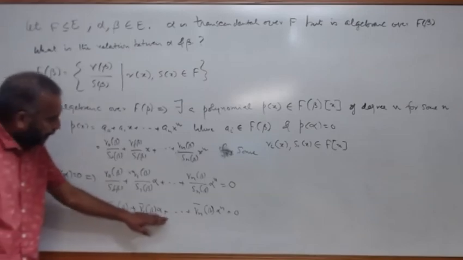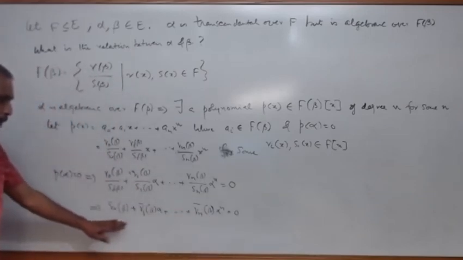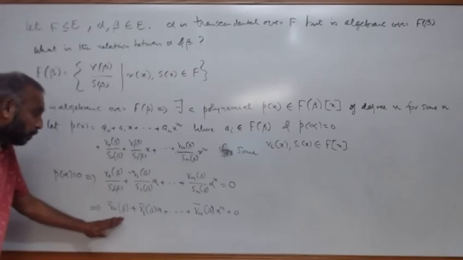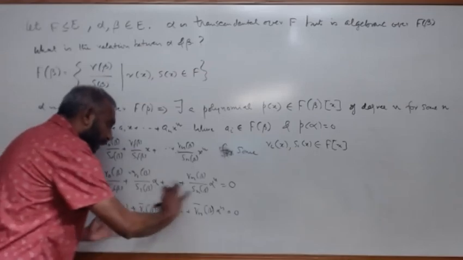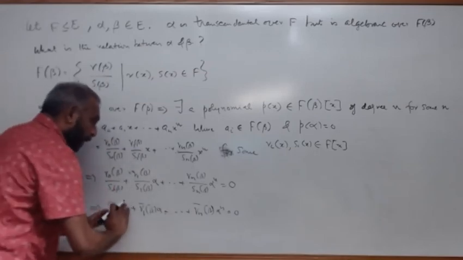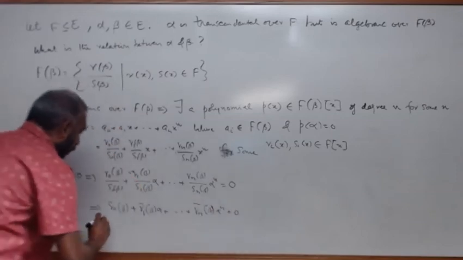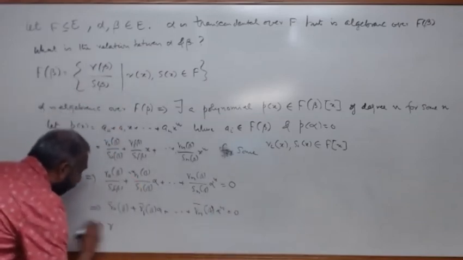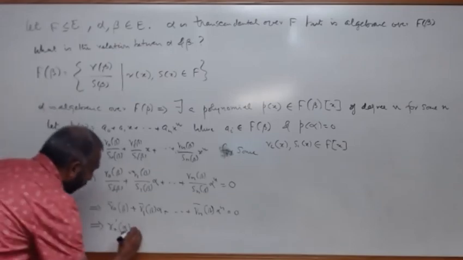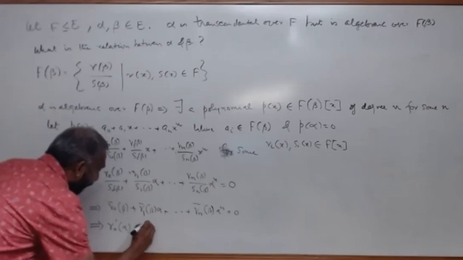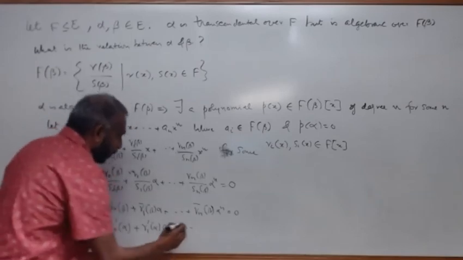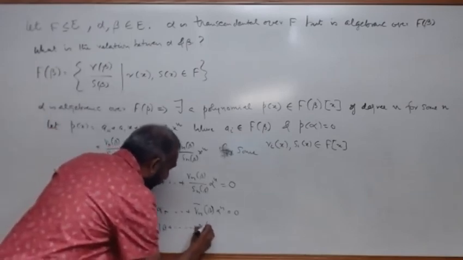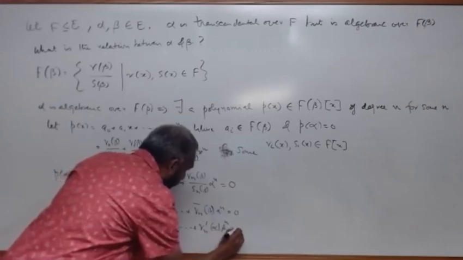This is a polynomial in alpha, but the coefficients are also polynomials, but in beta. So when you expand this and regroup alphas together and make it a polynomial in beta, we can write it like this: R'0 of alpha plus R'1 of alpha times beta plus ... plus R'n of alpha times beta to the n is equal to 0.